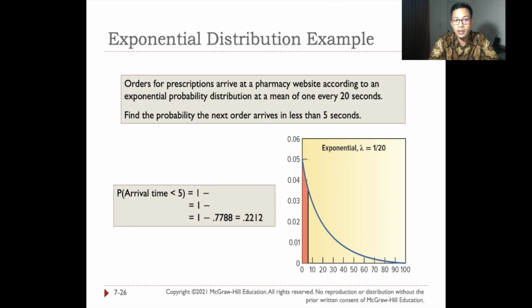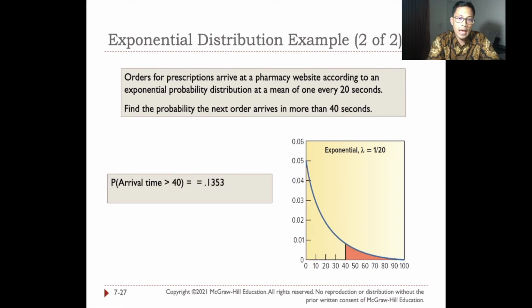The probability of arrival time less than 5 is going to be equal to 1 minus e to the power of negative lambda times 5. In this particular case it's going to be 1 minus 0.7788, which is equal to 0.2212. So there is a 22% chance the next order will arrive in less than 5 seconds. And this is in the left tail area of the exponential distribution.